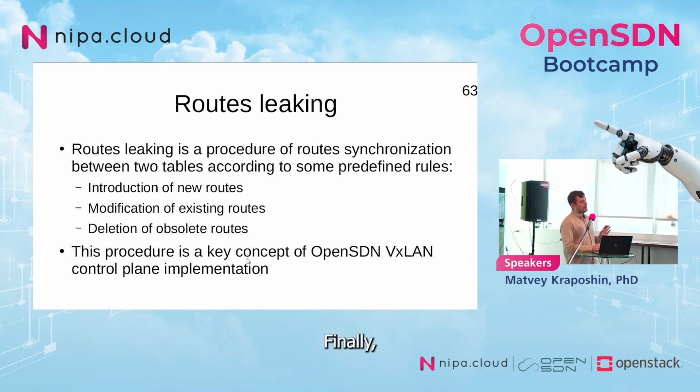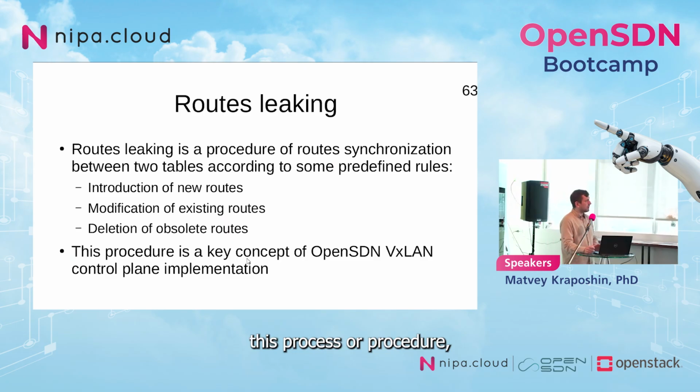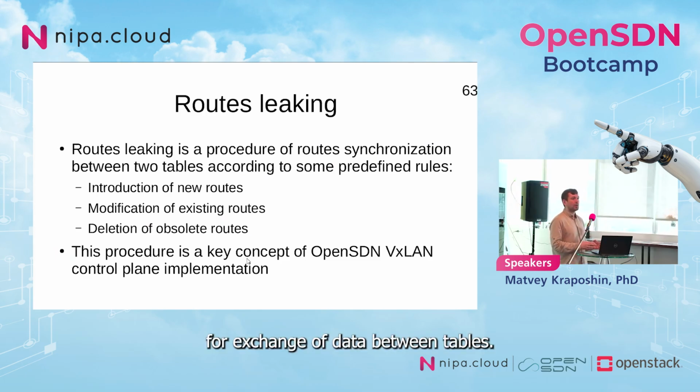Finally, there is one important mechanism which is used in OpenSDN, and it is called route leaking. This procedure is responsible for the exchange of data between tables.